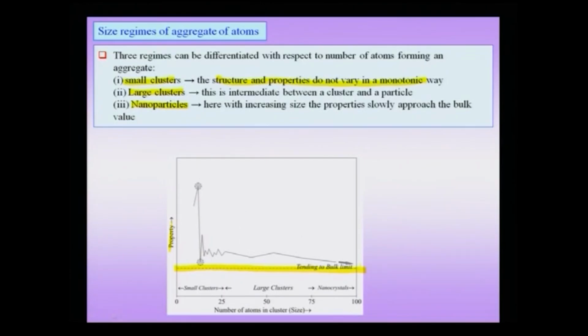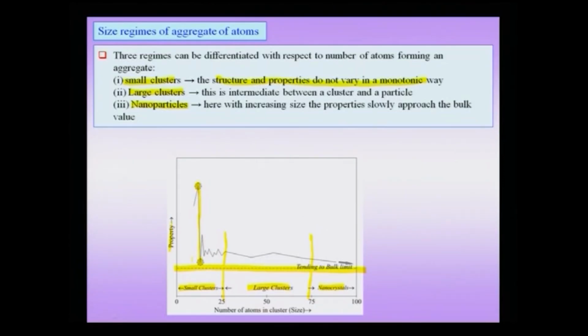That means, if I take a bulk material and I measure its magnetization, it will have a certain value. Now, the three regimes, which are approximate of course, drawn here are these three regimes: the regime of the small clusters, the regime of the large clusters and the regime of the nanocrystals. In the small cluster regime, you notice that just by a mere addition of one atom, a property could actually change very, very drastically.